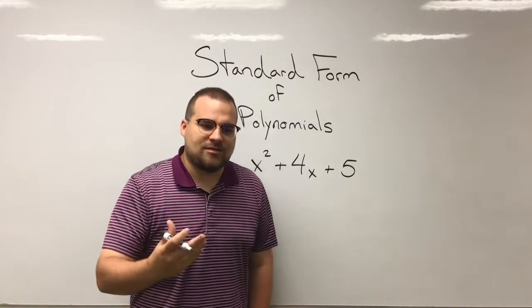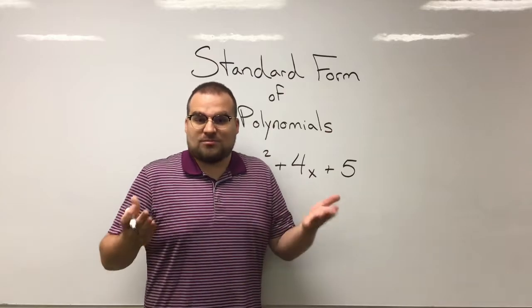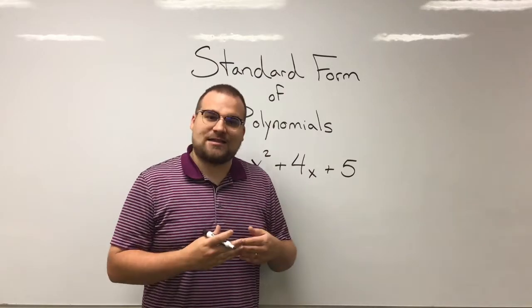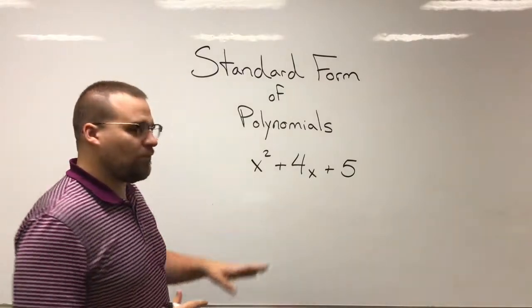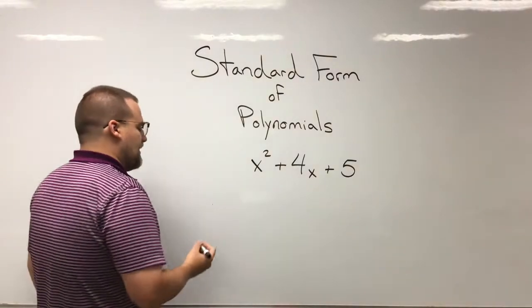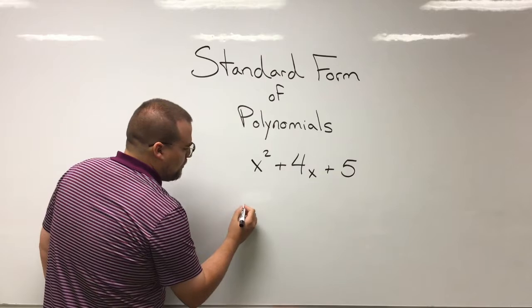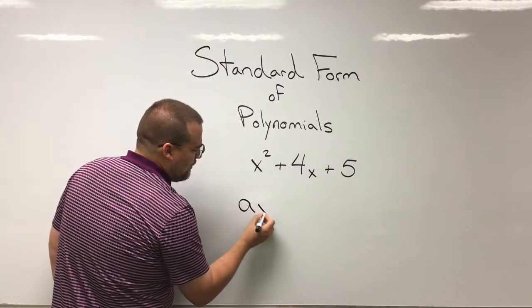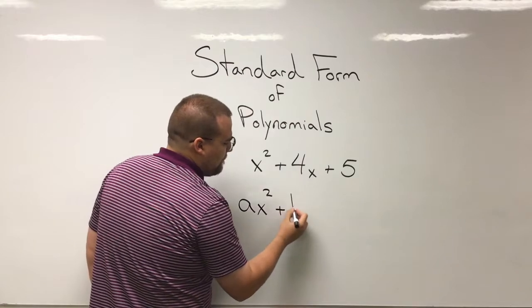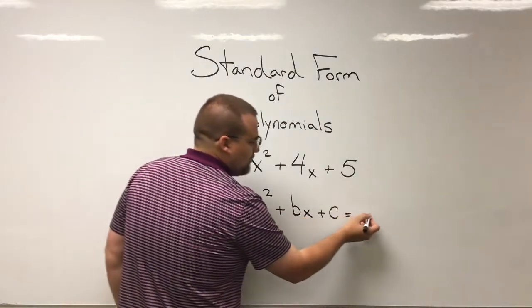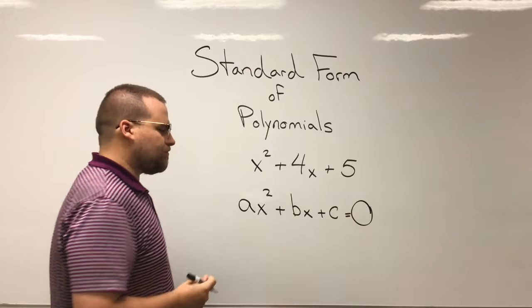We all write it this way just because that's the way we write it. That's how we recognize what we're talking about. And standard form for polynomials is like that too. What we do is we write it as ax squared plus bx plus c equals 0.